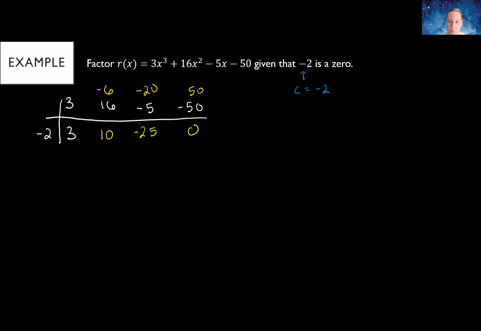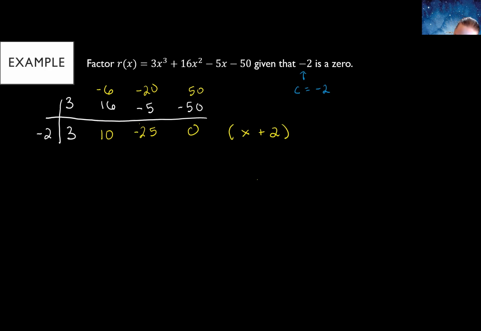So that's good. If you didn't get 0 at the end and they told you that it's a 0, then that's a problem. So this tells us one of our factors is going to be x plus 2. So when you write it as a factor, you do the opposite of the sign. So if it's -2, then you have x plus 2.